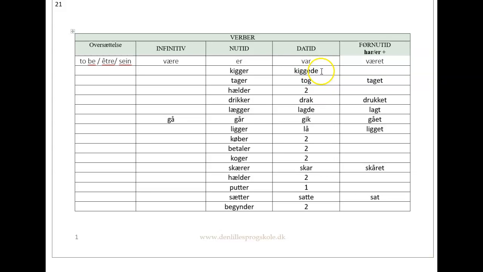So why didn't I just write kiggede in the first place? Of course it is because I want you to learn the system. It's called number 1. It's called first group because it's a large group, so it's worth learning by heart that kiggede is the past tense of the verb kigge.